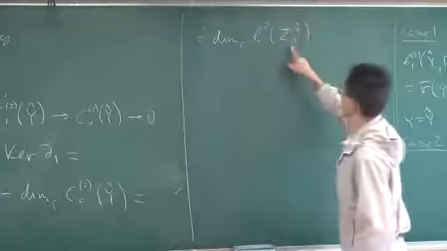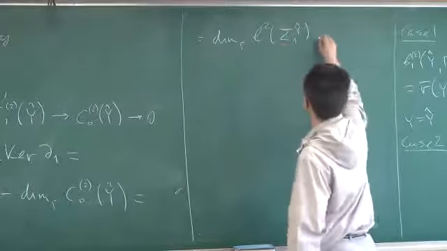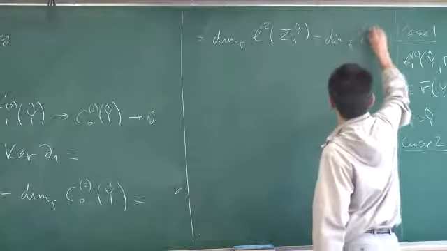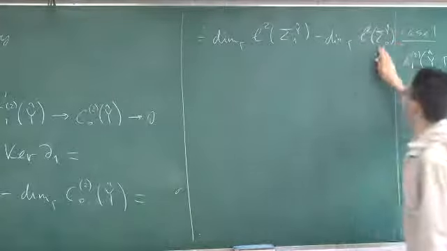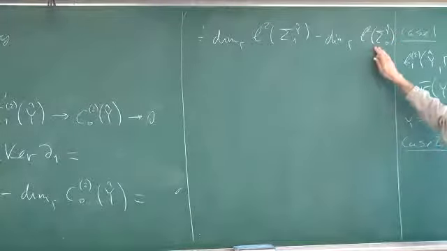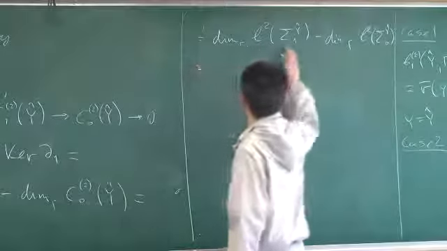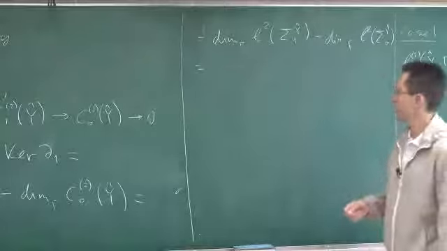This is the set of edges, and this is L2 on that set, minus the dimension over gamma of L2 of sigma 0 of y hat. This is the dimension of the space on the vertices. But this set is a copy of gamma cross some finite set. And what's that finite set?